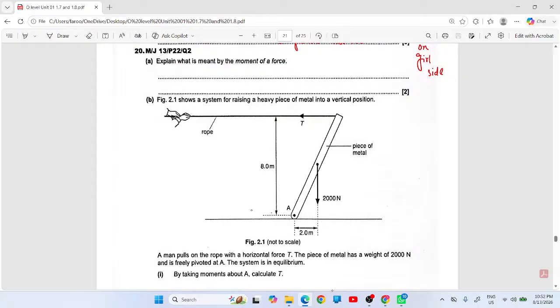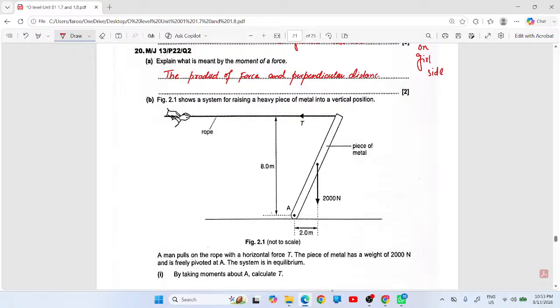Question number 20. So what will we write? The product of force and perpendicular distance from the pivot.